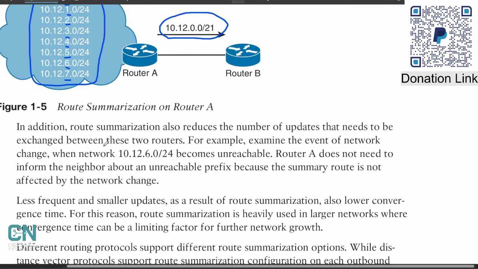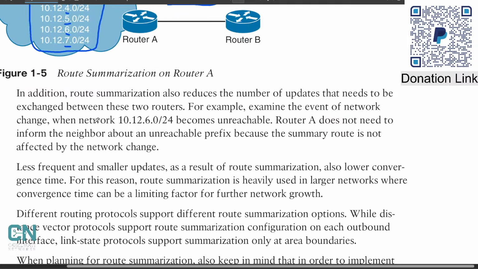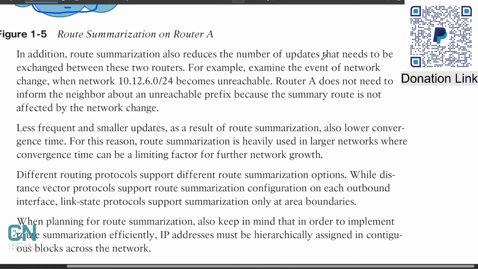In addition, route summarization also reduces the number of updates that need to be exchanged between these two routers. For example, examine the event of a network change when network 10.12.6.0/24 becomes unreachable. Router A does not need to inform the neighbor about the unreachable prefix because the summary route is not affected by the network change.